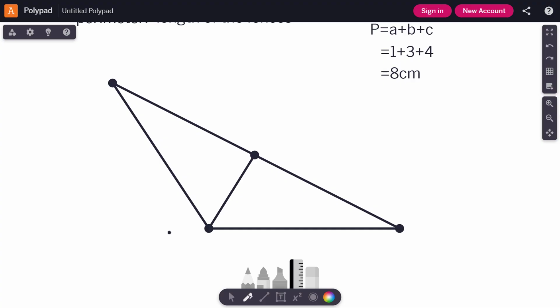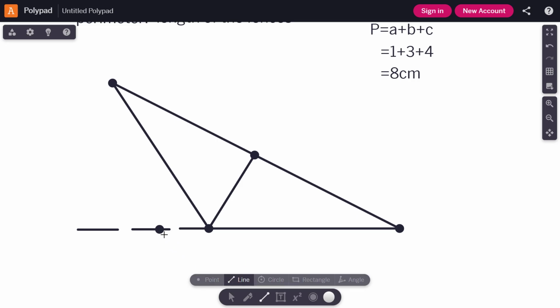Well, we're gonna make this longer. What I mean by make it longer, we're gonna draw dashed lines to pretend it was here. Because if we make the line longer, it's gonna be here.